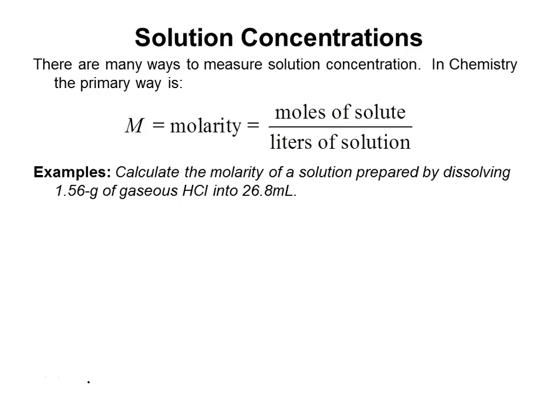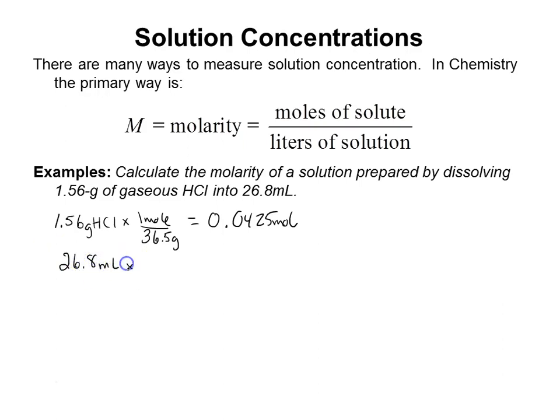How do we calculate molarity? For instance, we want to calculate the molarity of a solution made by dissolving 1.56 grams of gaseous hydrochloric acid into 26.8 milliliters, and we want to know what that solution is about. The first thing I need to do is convert my grams of HCl into moles, since molarity is moles of solute. In this case, my solute is the HCl. And also molarity is in liters.